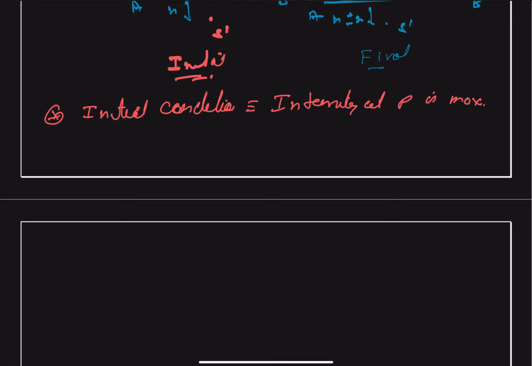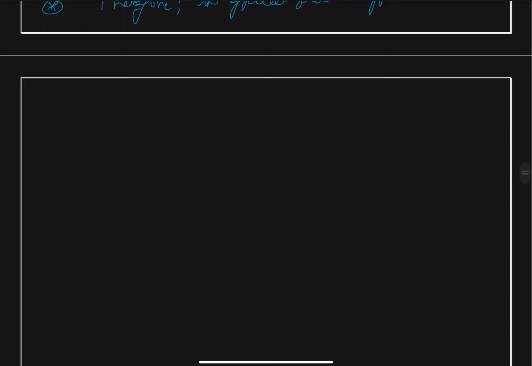So therefore, the effective path difference should be 2h equal to n minus 1 by 2 multiplied by lambda, where n is the order of the fringe, and lambda by 2 is there because of the phase reversal due to the reflection.